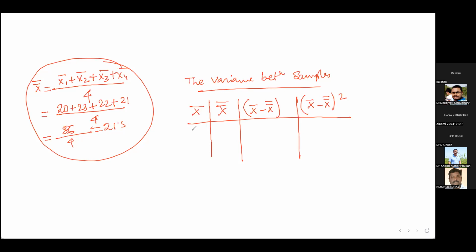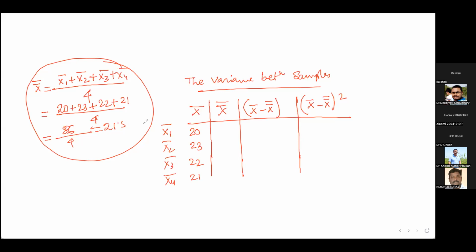And I have with me the values of X1 bar, X2 bar, X3 bar, X4 bar. These are the values we currently have: 20, 23, 22, then 21.